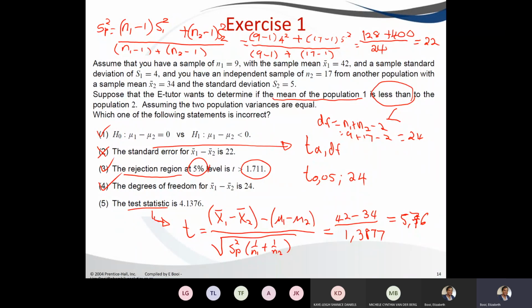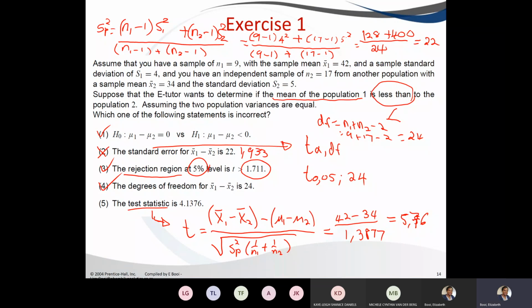1.9333. And if we go 42 minus 34, divide by the standard error, which is 1.933, equals 4.137. So our standard error, actually, it should be 1.933.